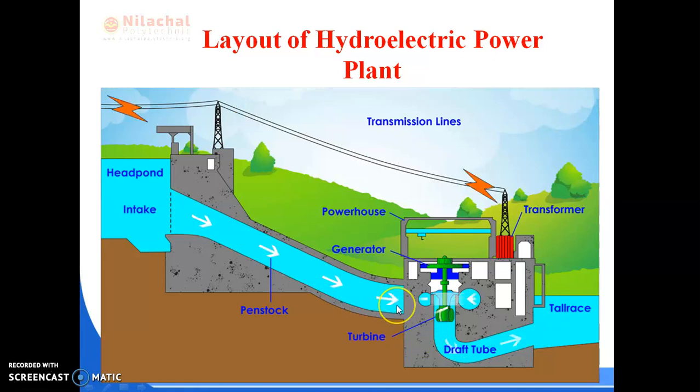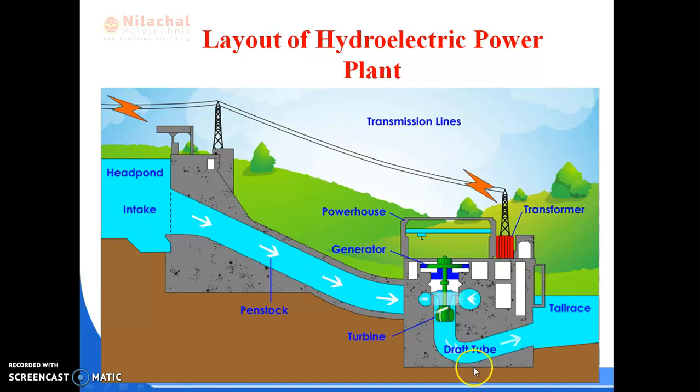At the end of the penstock, we can use a nozzle, or simply provide the water to the inlet of the turbine unit. If a nozzle is used at the outlet of the penstock, we convert the energy of water into kinetic energy. That kinetic energy of water is delivered to the blades of the turbine unit.